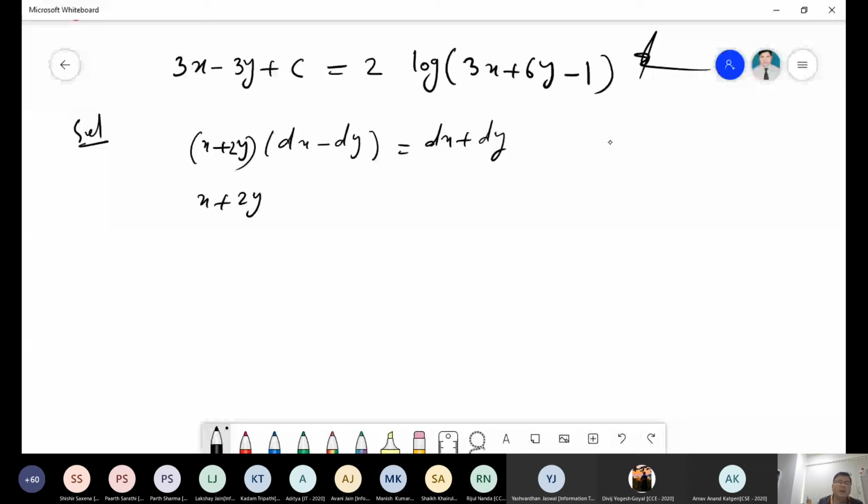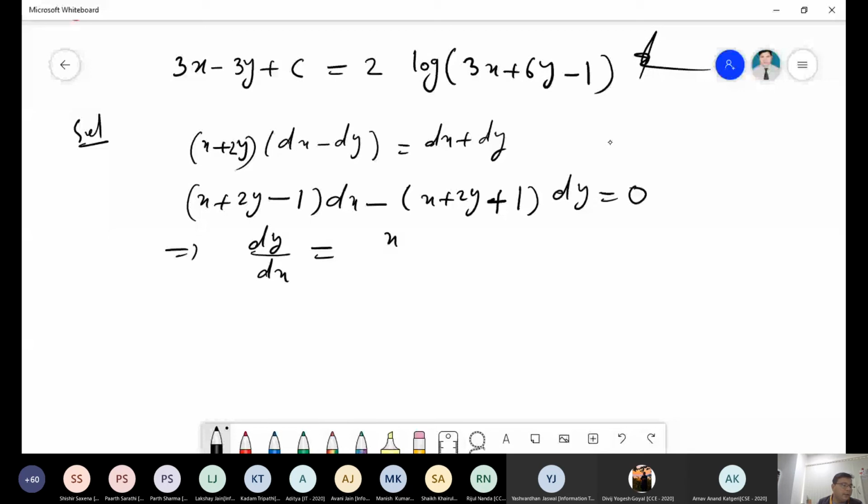This will be with the minus sign, x plus 2y and then plus 1, into dy equal to 0, correct? This implies dy by dx equals x plus 2y minus 1 upon x plus 2y plus 1. Is it correct?